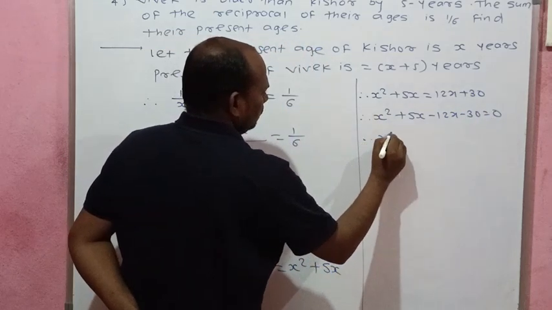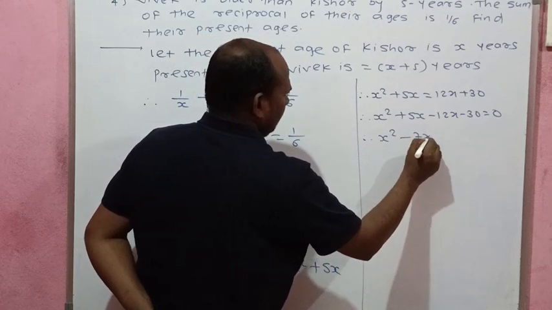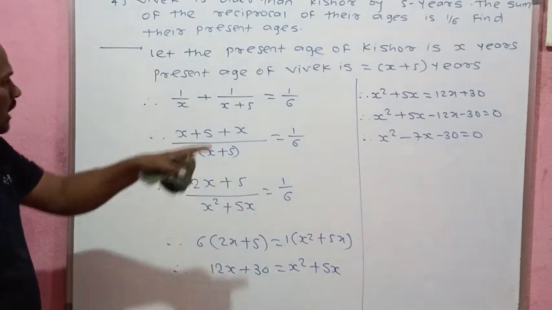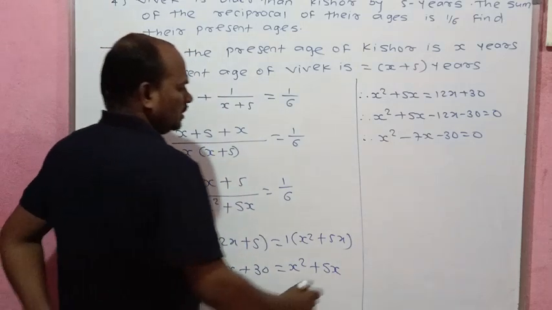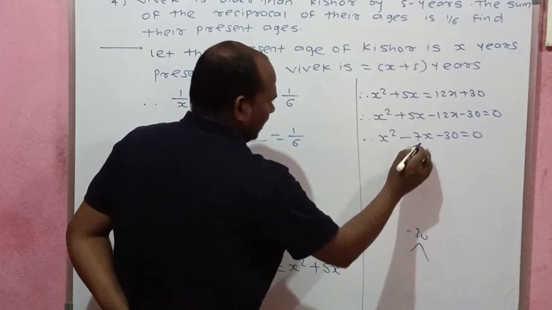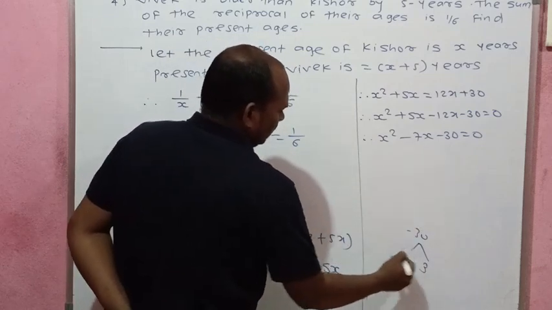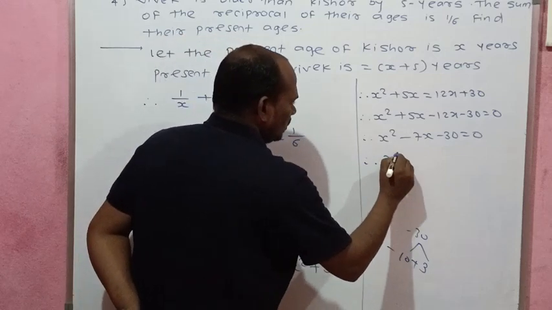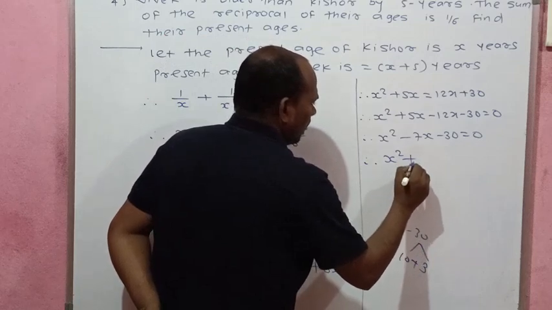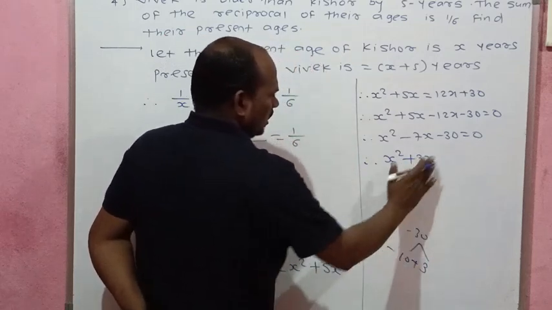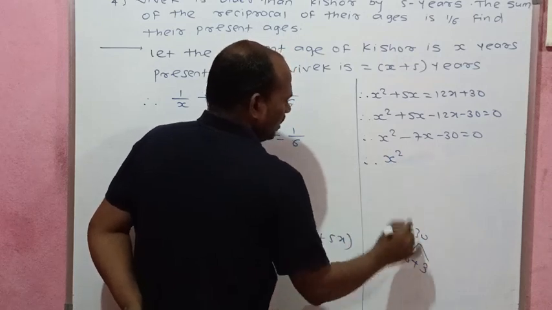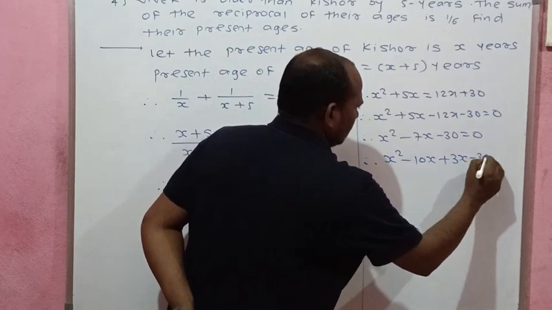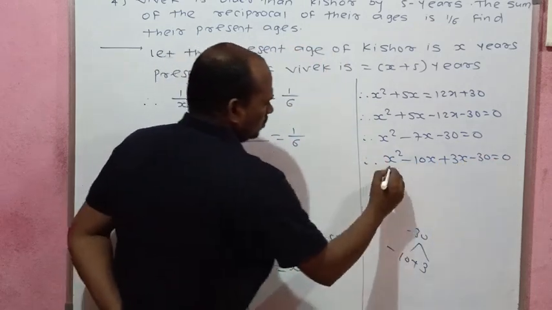Now x square minus 7x minus 30 equal to 0. Then we can solve the quadratic equation. Factors of 30: 10 3s are 30, that is minus and plus. Now x square minus 10x plus 3x minus 30 equal to 0.